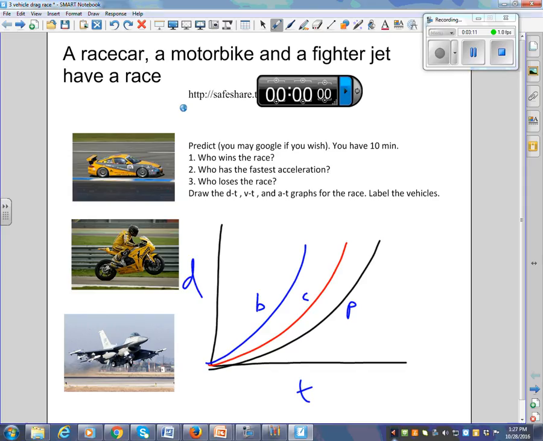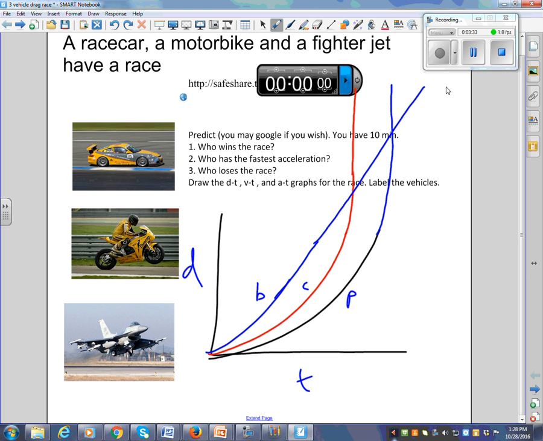The plane. So it, in fact, should get the steepest, right? And the car had a faster one than the bike, so it's like this, right? And they all end up at the same point. It just takes them longer to get there, right?